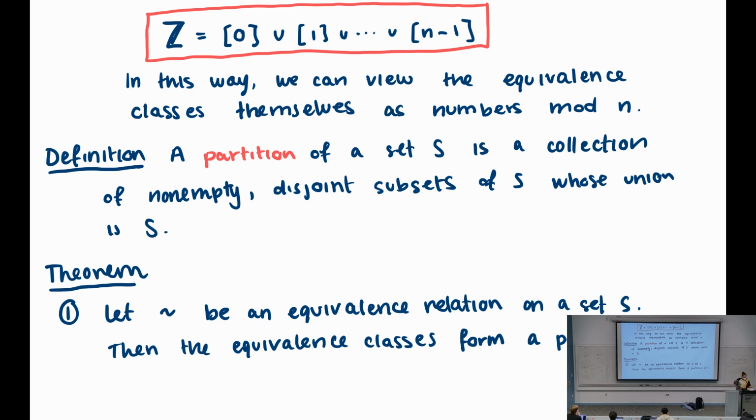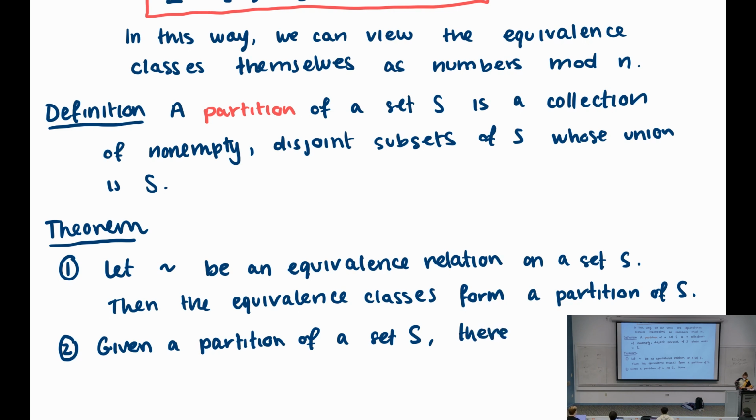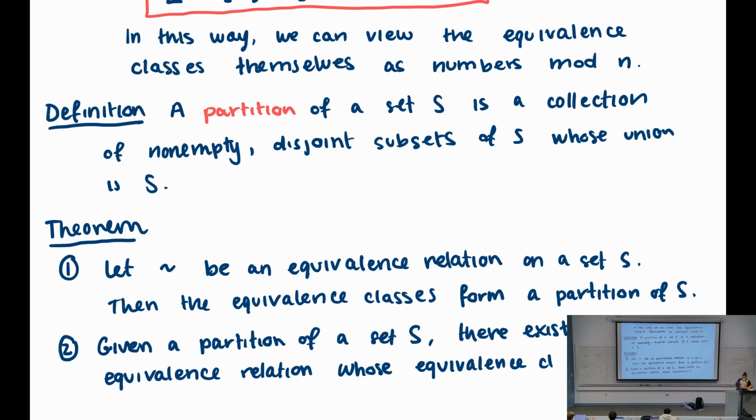And the second part of this says that given a partition of a set S, there exists an equivalence relation whose equivalence classes are the partition.